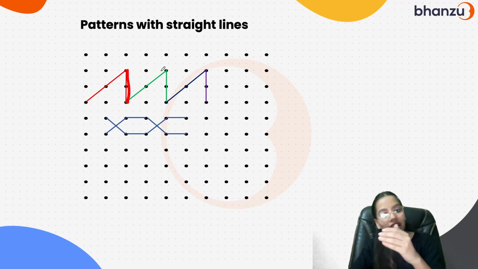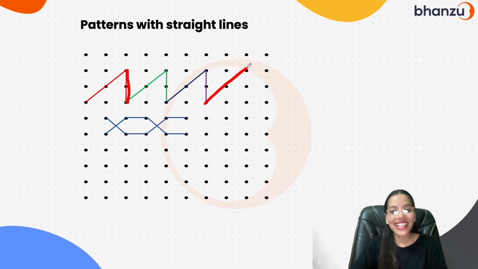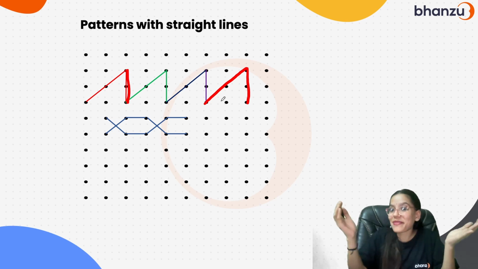Again, we have a slanting line, then we have a straight line, slanting line and a straight line. If you want to continue, you can simply continue this pattern by drawing a slanting line, then a straight line using 3 dots. Isn't this super easy? All you have to do is understand the pattern and draw it, and that becomes a design.